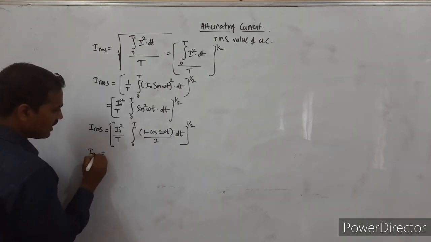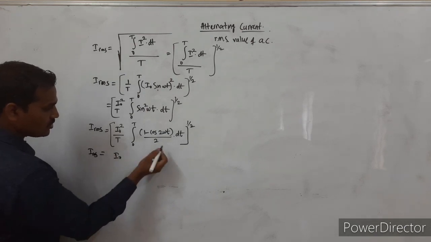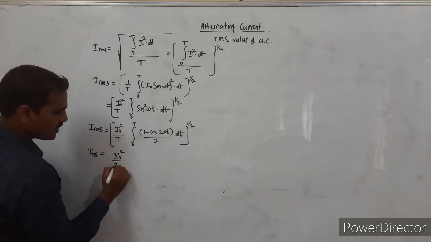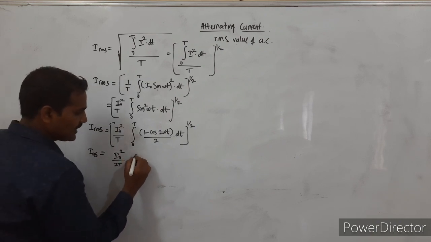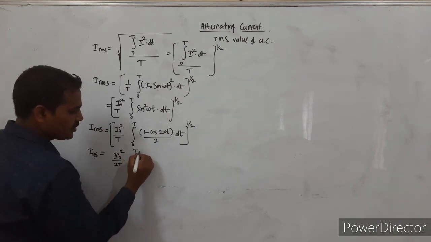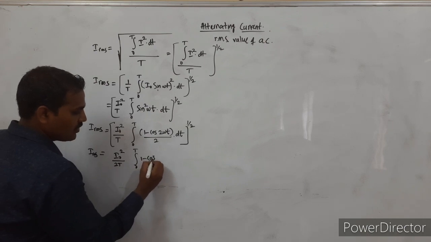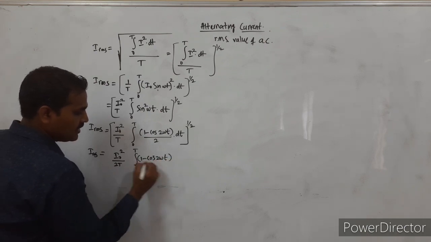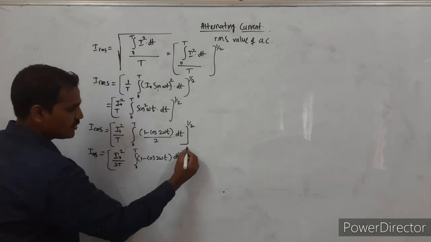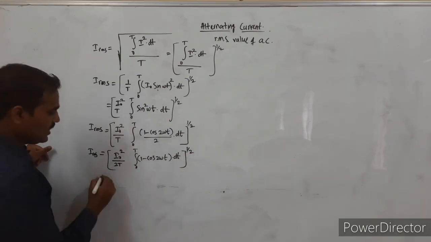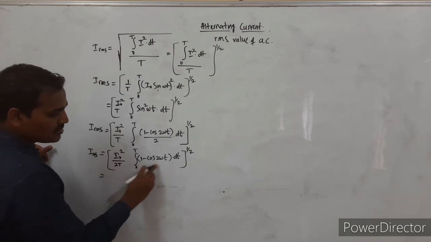I can write I RMS is equal to, this 2 also I take it outside, I naught square divided by 2 times T. Then I have to integrate this, integration of 0 to T, 1 minus cos 2 omega t with respect to t, then take the square root of this whole term. So now we shall integrate this term separately.